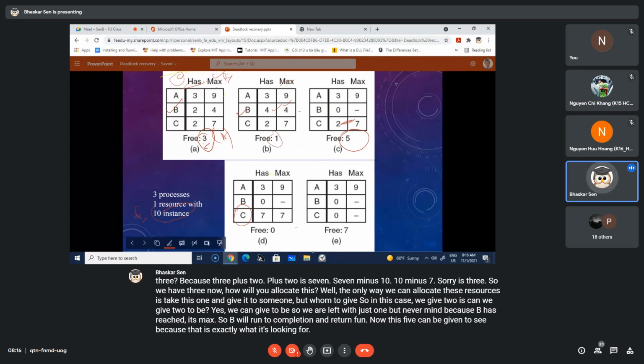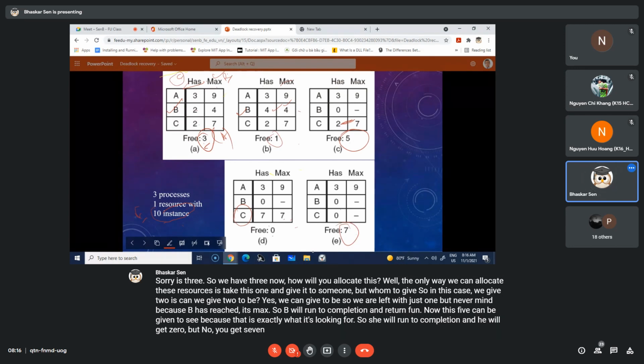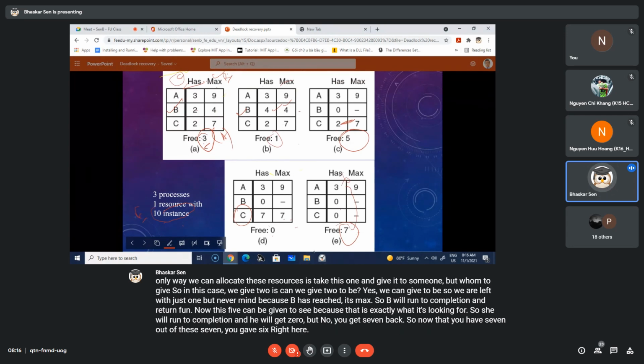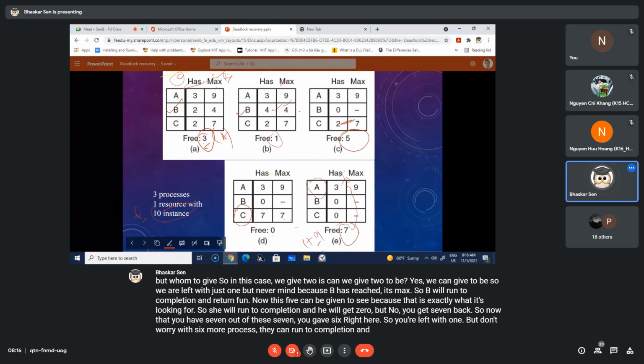So C will run to completion and you will get 7 back. So now that you have 7, out of these 7, you gave 6 right here. So you're left with 1. But don't worry, with 6 more, process A can run to completion and will return 9 more. So 10.